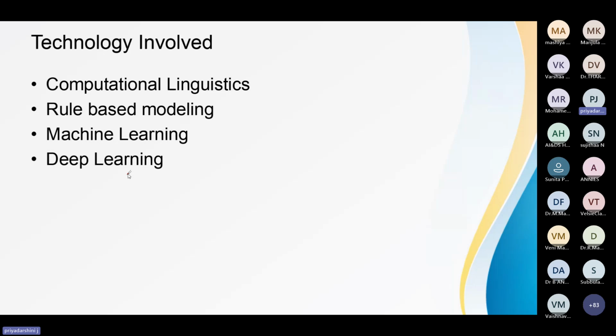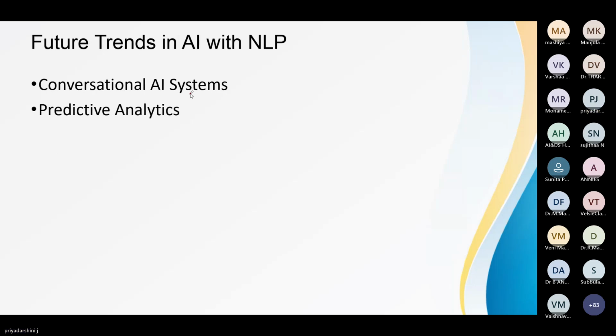So that is what deep learning is doing. Conversational AI systems and predictive analytics are the more challenging tasks. Right now, in Google, whenever we ask for something, it keeps asking for the location. But in Alexa, once we switch it on, it doesn't take it on its own.